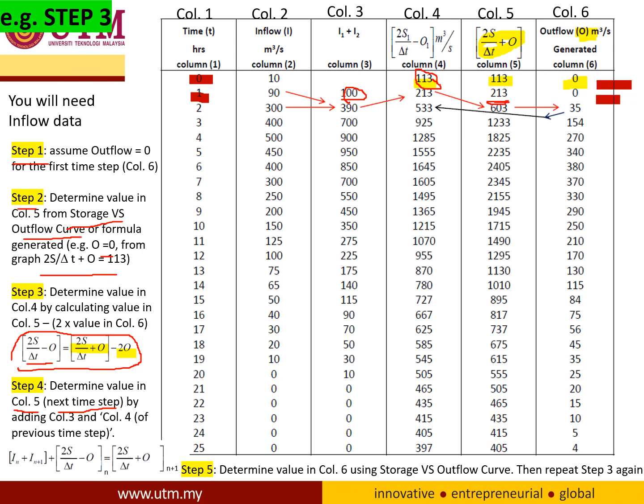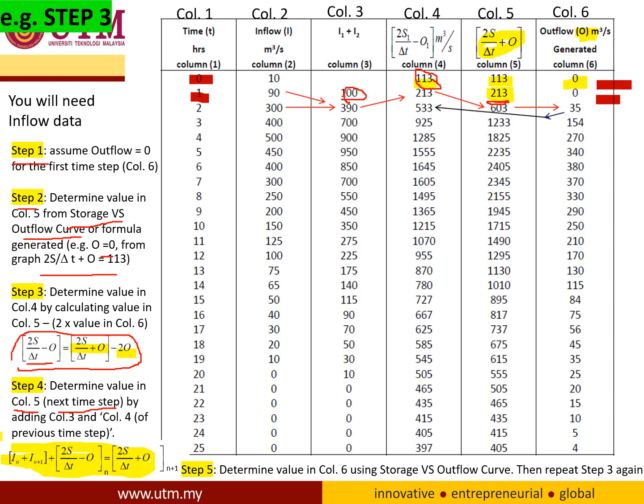So I will highlight it here. It relates the previous time step to the next time step. So that is why it is called the continuity equation. So in this case, we determine the value in column 5, 213 here.